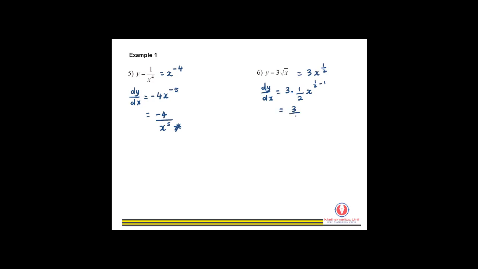Then we will get 3 over 2 x power of 1 over 2 minus 1 is negative 1 over 2. And then you can simplify 3 over 2 x power of negative 1 over 2 is 1 over x power of 1 over 2. Or you also can state 3 over 2 square root of x.